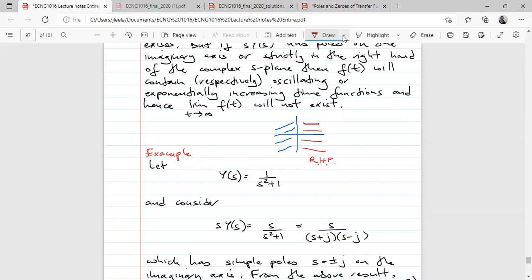And this on the left-hand side of the imaginary axis is the left half plane. If the poles all lie on the left-hand side, the limit of the function as t approaches infinity will exist. If some poles lie on the imaginary axis or on the right-hand side, then the limit won't exist. So that is something important.